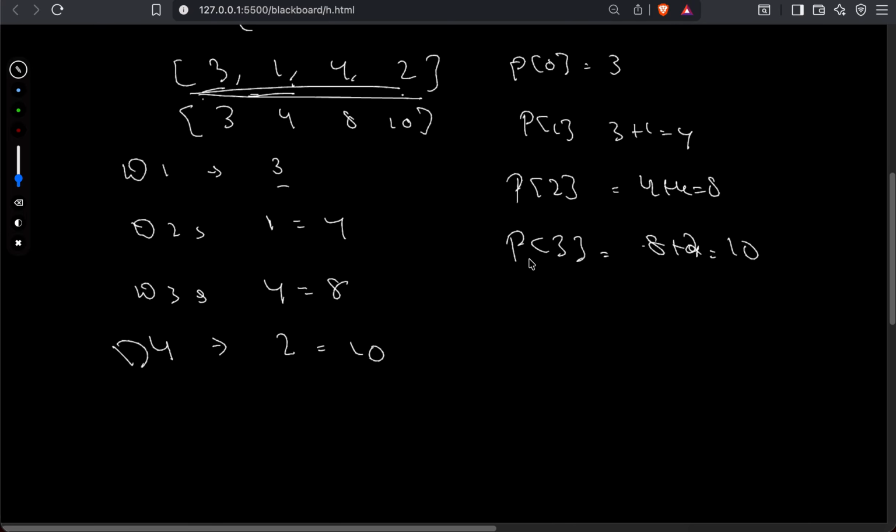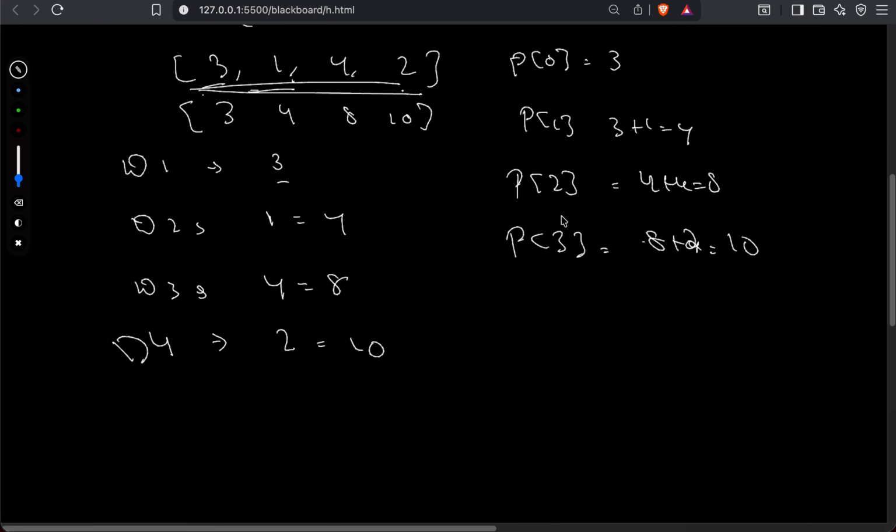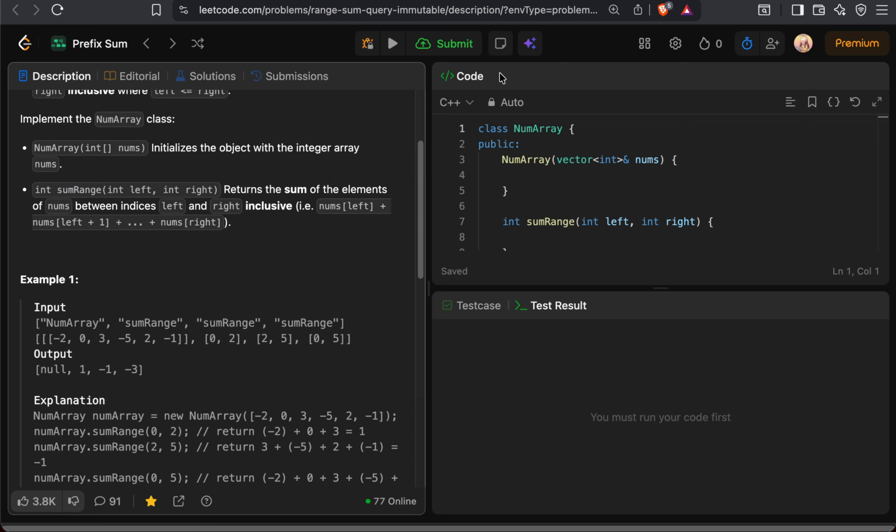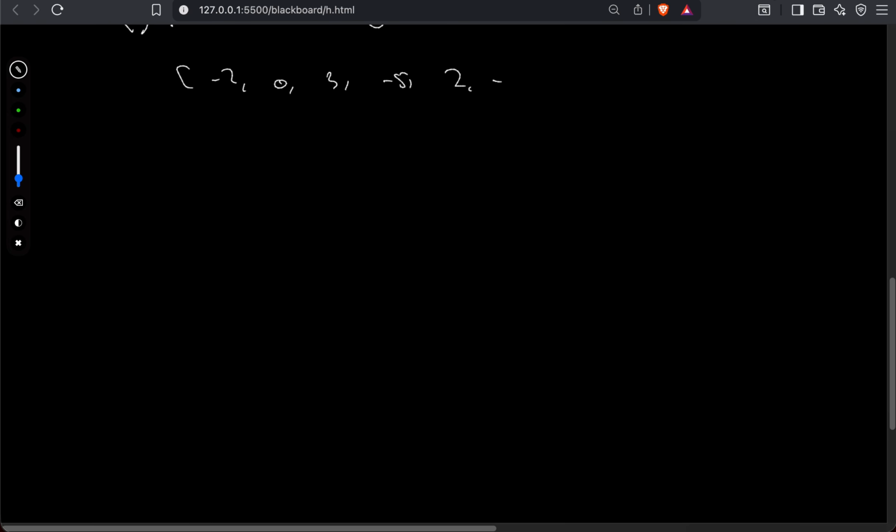see, we know the problem. So the problem is -2 0 3 -5 2 and -1. Okay, some range, the sum of the range from 2 to 5.